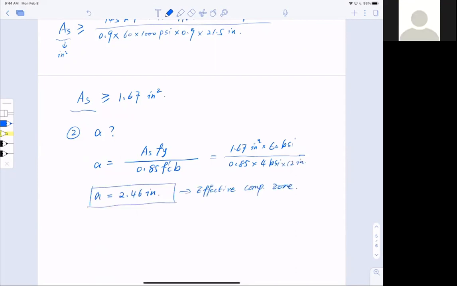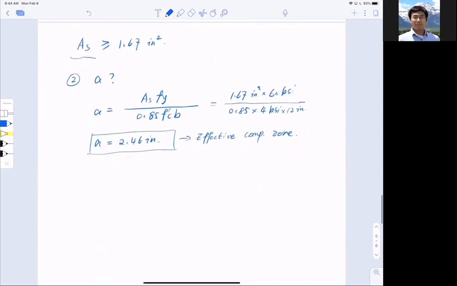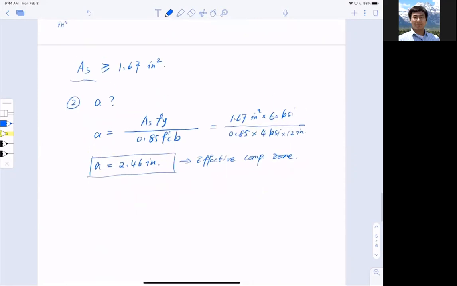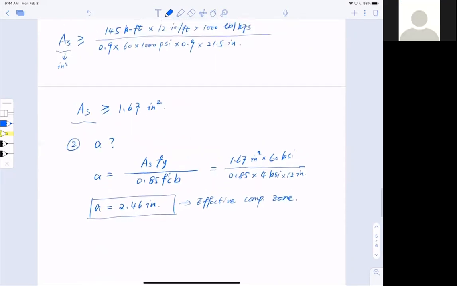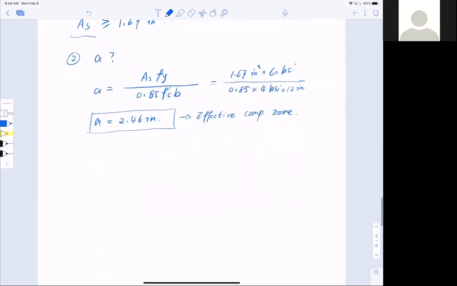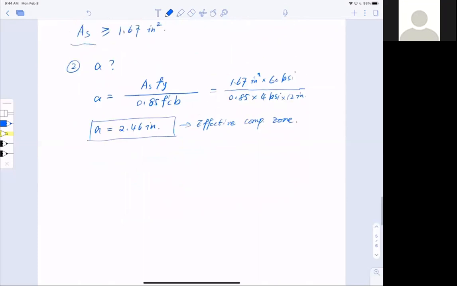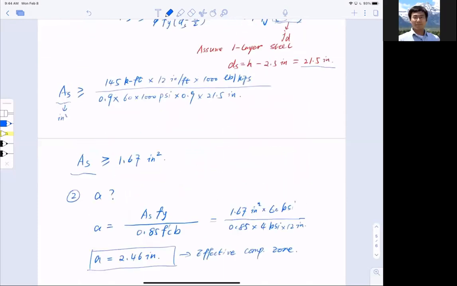Professor? Yes, sir. Why do we have to convert it back to pounds? Well, if you don't want to do pounds, you can do kips, but you have to make sure it's all kips, top and bottom as well. Because I noticed you're multiplying by pounds per kips on both numerator and denominator. Like I just said, Louis, if you can work with kips on top and bottom both, that's fine.